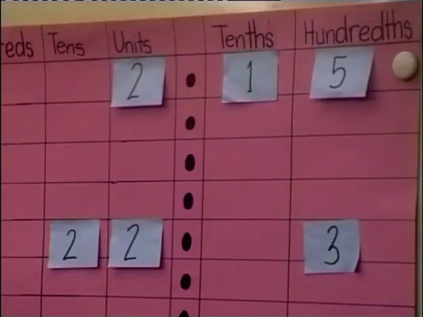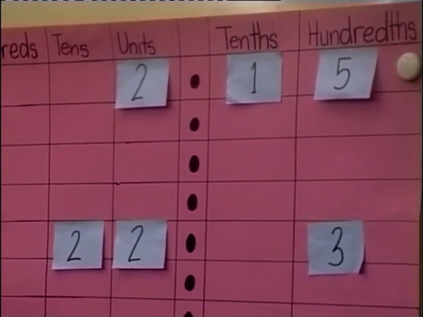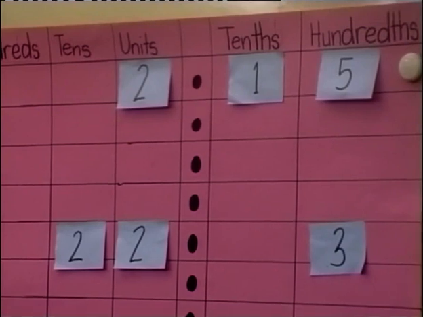Students, are the numbers correct on the place value chart? No. I think I'm still making mistakes. Jin, can you help me to place the numbers properly on the place value chart?